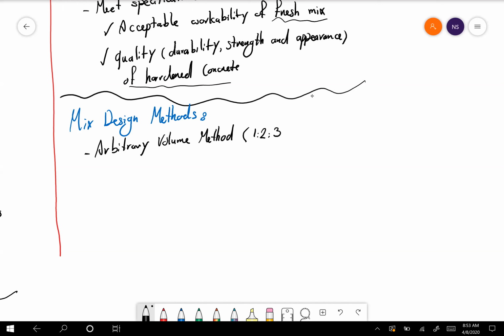So the 1, 2, 3 method means you have one portion of Portland cement, or 1 unit of Portland cement, 2 units of sand. So if it's a bucket, it's going to be 1 bucket of Portland cement, 2 buckets of sand, and then 3 units of coarse aggregates.